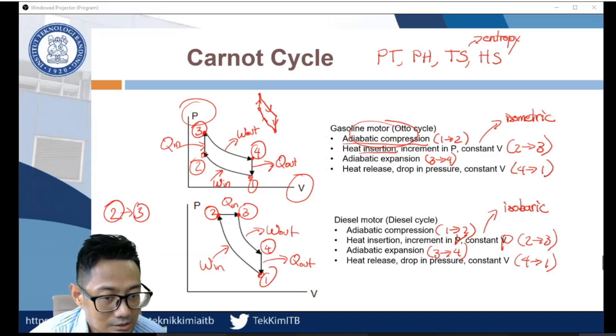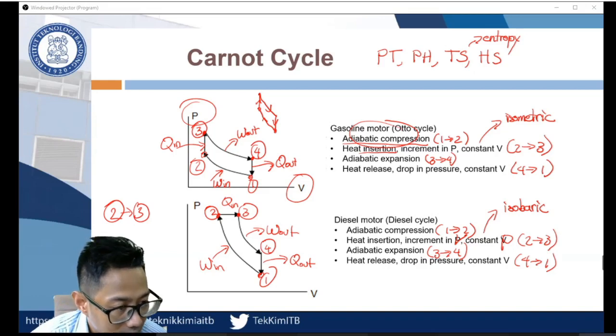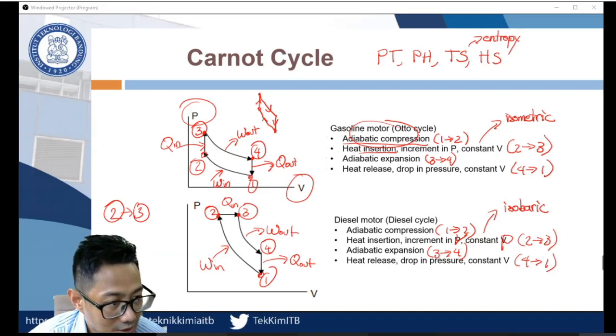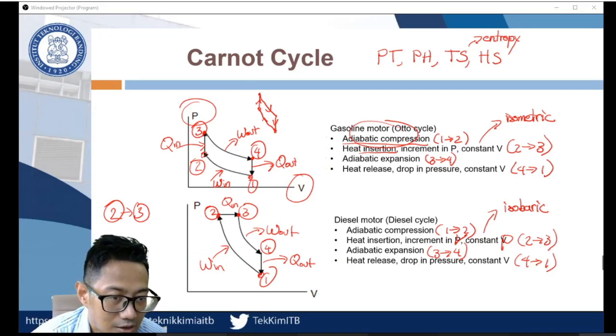Because when the heat insertion occurs, it will absorb extra energy. So the adiabatic expansion will be much longer. The work that can be released is much larger, so it can give higher torque. That's why heavy duty vehicles are very suitable for this purpose.